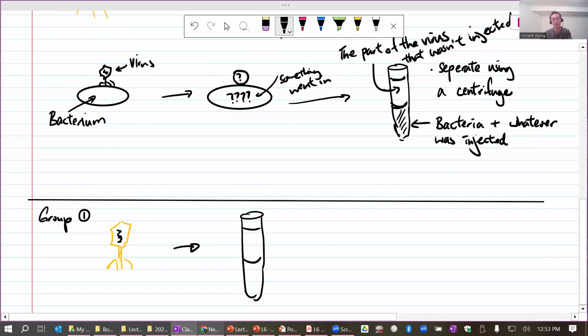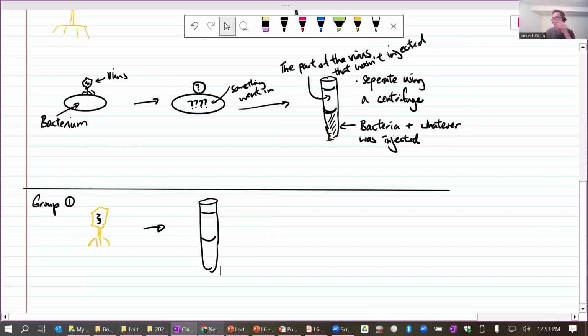Knowing what we know now, where do you expect? At the top, exactly. Because the protein is not the genetic material. We know it. They didn't know, but we know it. So that means the protein didn't go in. The protein did not go into the bacteria. And so the radioactivity was detected at the top.